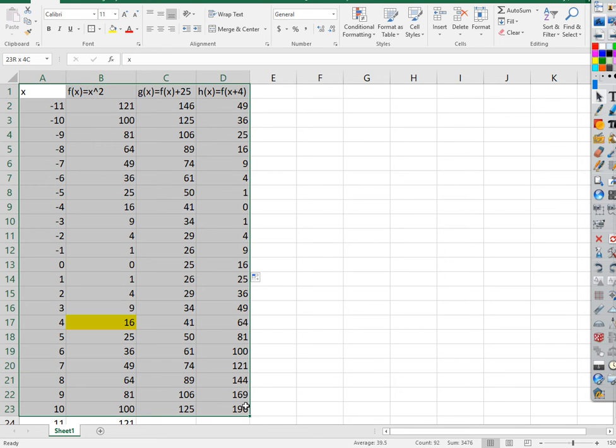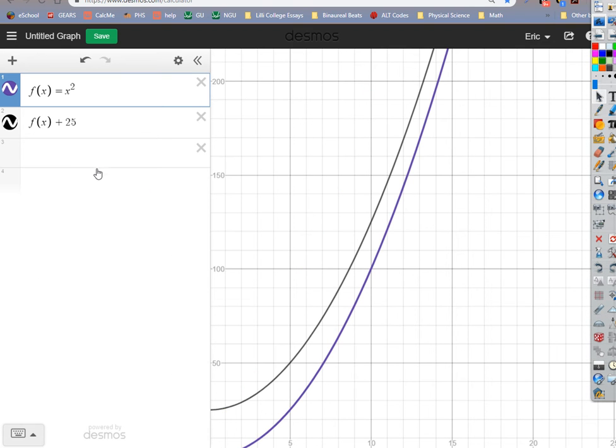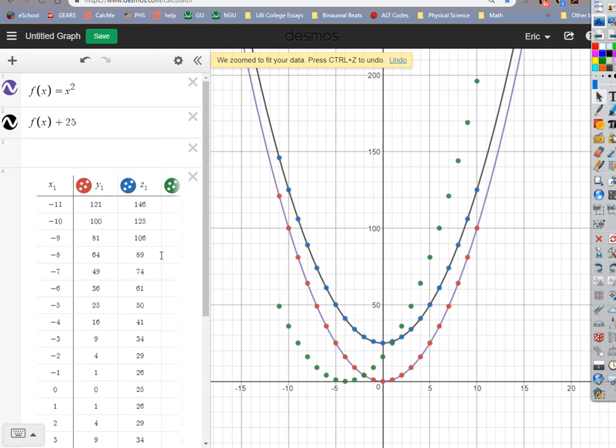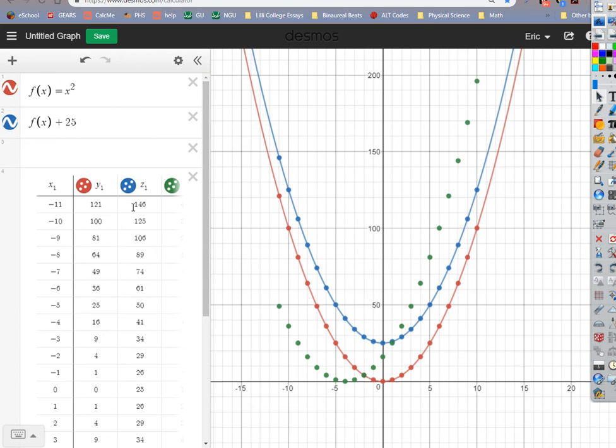Now let's check this out. Well, that looks a little better, doesn't it? Okay, I got the colors wrong again, though. That's kind of getting annoying. Red, blue. Okay, so let's get rid of the blue one for a second.